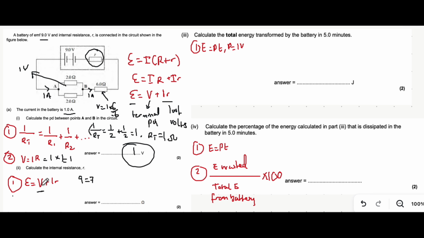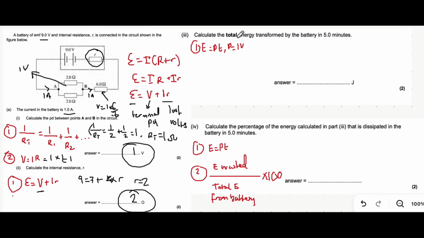So we can replace capital V with that, plus the current through the battery, which is 1, multiplied by the internal resistance, which we're looking for. So now we have an equation that we can solve for R. 9 is equal to 7 plus R. We can get rid of the 1. Take away 7 from both sides, and we get R is equal to 2. So that's 2 ohms. Great, let's move on to part 3.